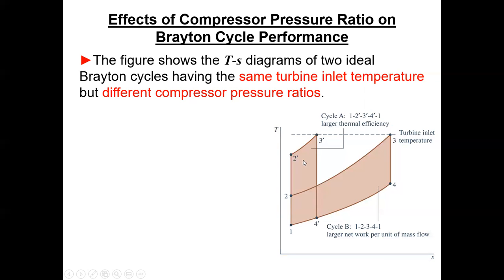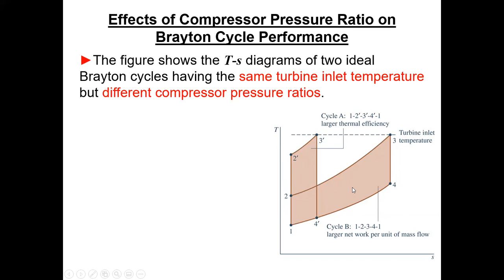But look at the area enclosed. This tall skinny cycle doesn't have near as much area enclosed as does 1, 2, 3, 4, 1. So that means 1, 2, 3, 4, 1 is producing more work, because all of this is per unit mass. So the area enclosed by that curve is the work per unit mass.